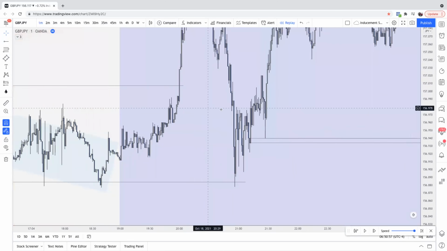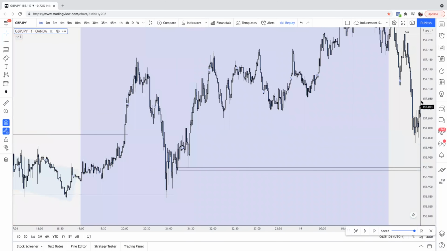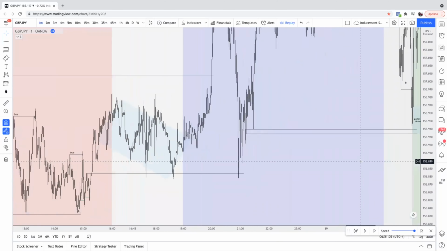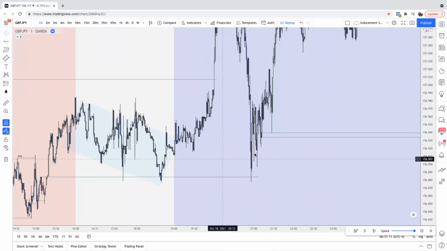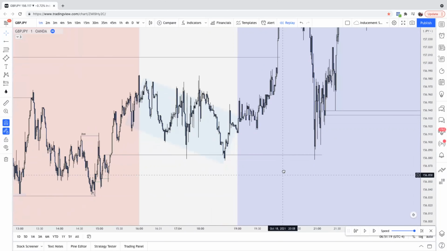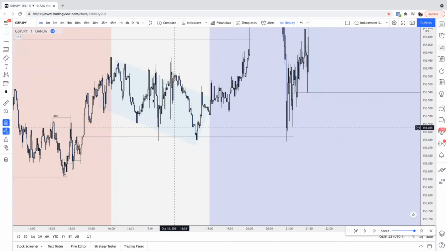So then Asia. So then your new daily cycle begins, right? So also before I go any further, I want to think about this. Trading is as simple as the new daily candle here, right?